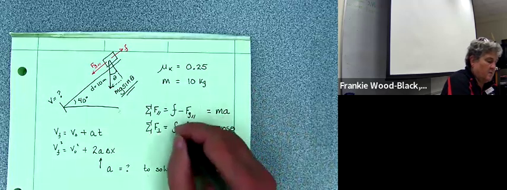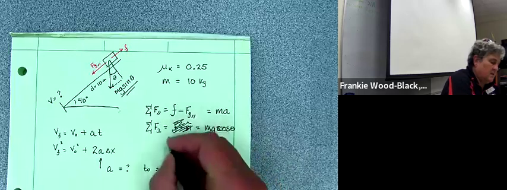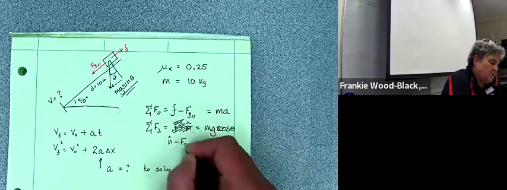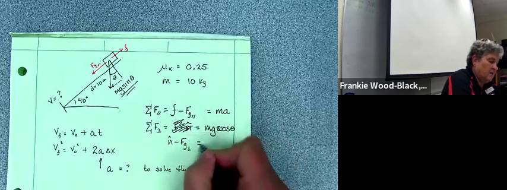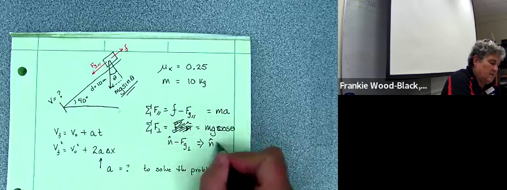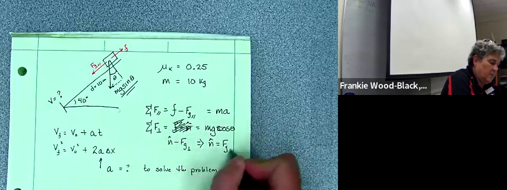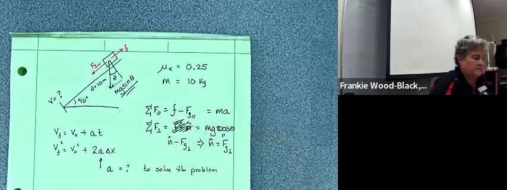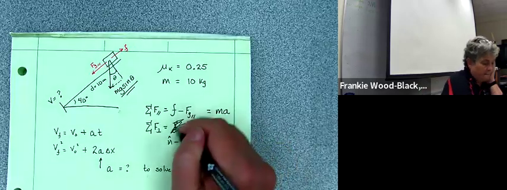No, I did this wrong. That's my normal force minus my force due to perpendicular. So the normal force is equal to my force due to perpendicular, which is equal to that. Sorry.